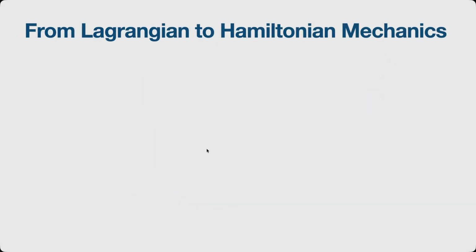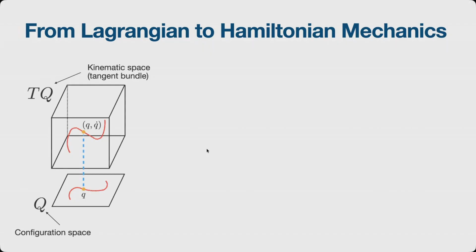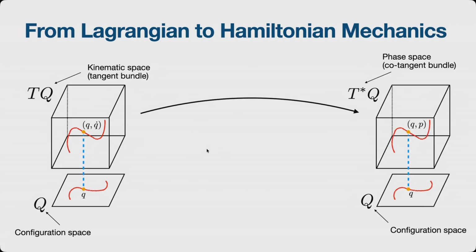Okay, so just a recap, we have our Lagrangian mechanics, where we have our Lagrangian defined on the tangent bundle of our configuration space. And we're going to move into the Hamiltonian picture, where the important things no longer happen in the tangent bundle, but on the cotangent bundle, where the momentum lives.